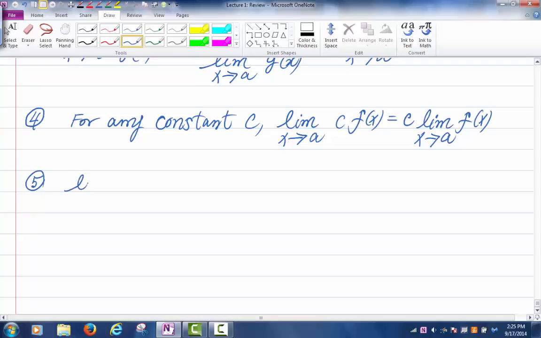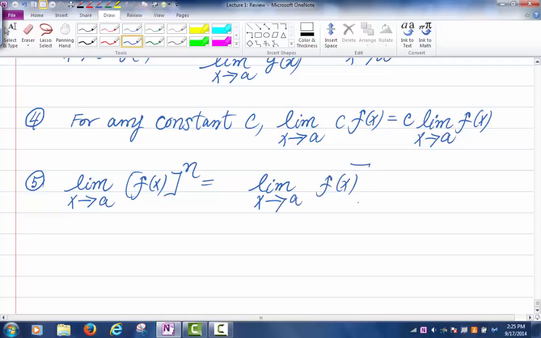The limit as x goes to a of f of x to the n is the same as, so you have the nth power of a function, let's say n is 50 or something, then when you take the limit of that, what you have to do is take the limit inside the exponent, take the limit of the base function, that is, you take the limit of f of x, and then you raise the limit to n.